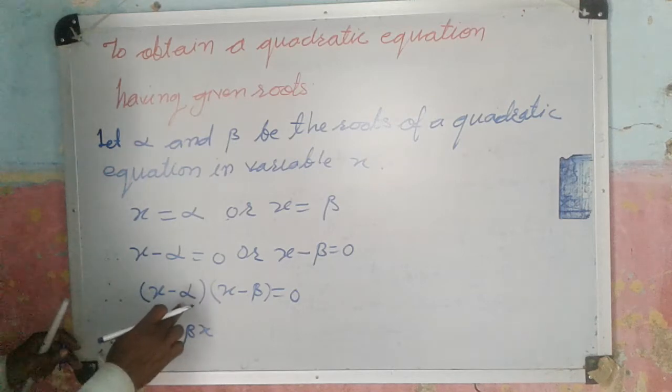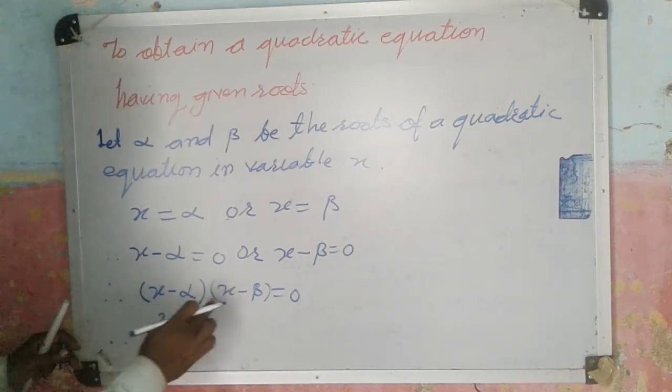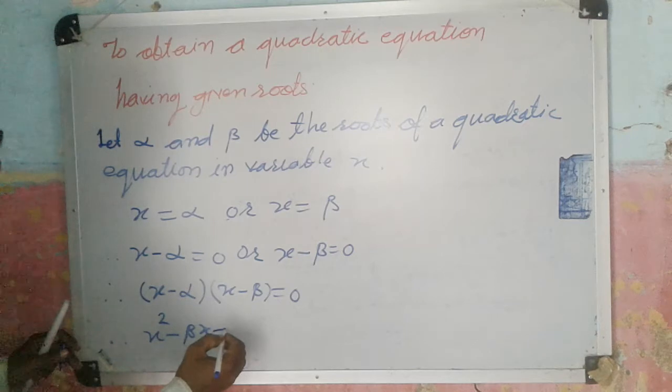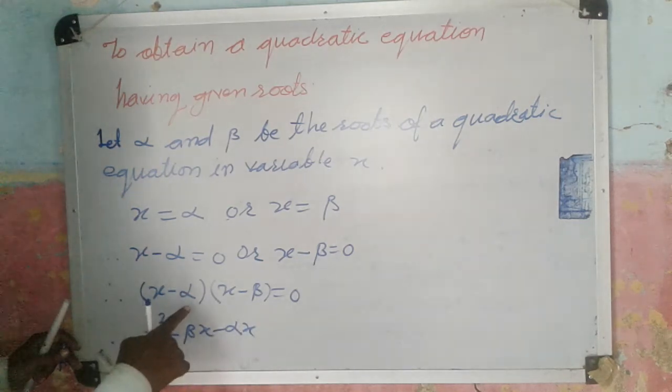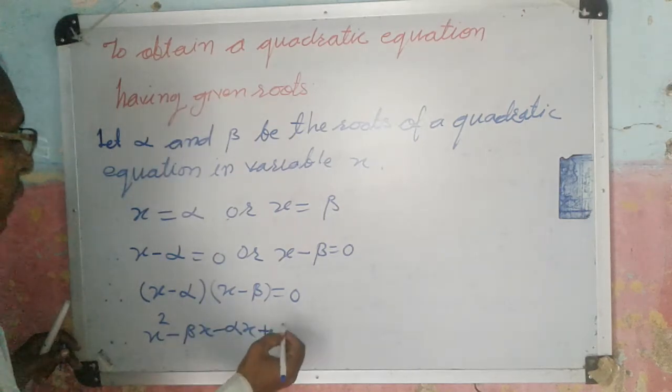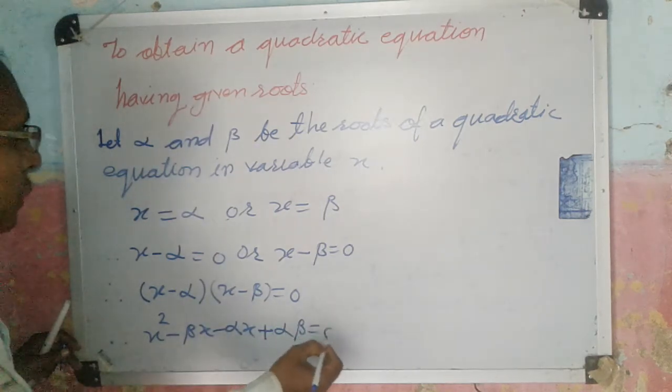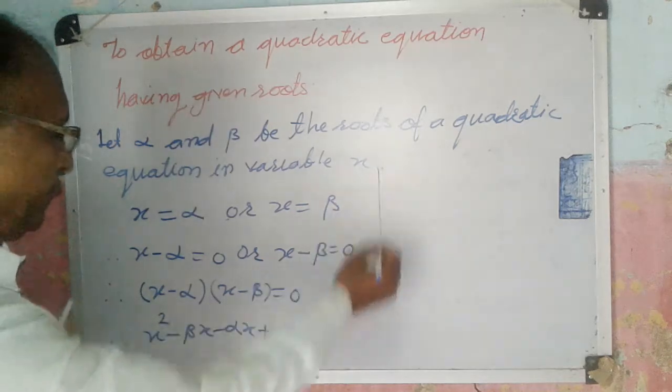Now multiply by minus alpha. Minus alpha into x, we get minus alpha x. Minus alpha into minus beta, we get plus alpha beta is equal to 0.